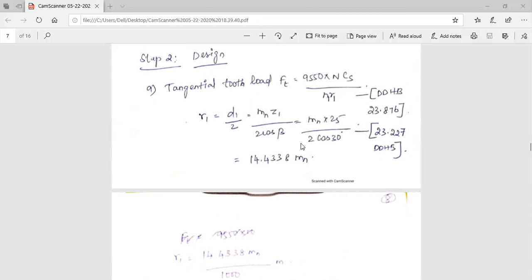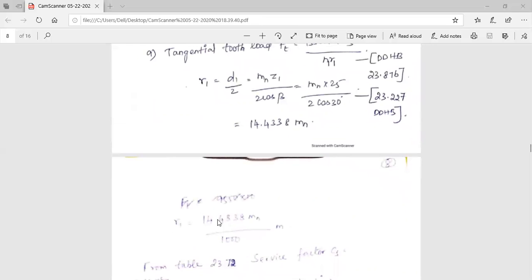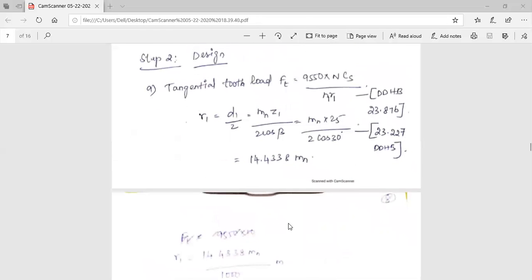We apply d1 in mm, so you should convert into meters. That's why r1 is equal to 14.4338 mn divided by 1000 in terms of meters, because for Ft we need the SI unit, Newton. That's why we convert millimeters into meters by dividing by 1000.